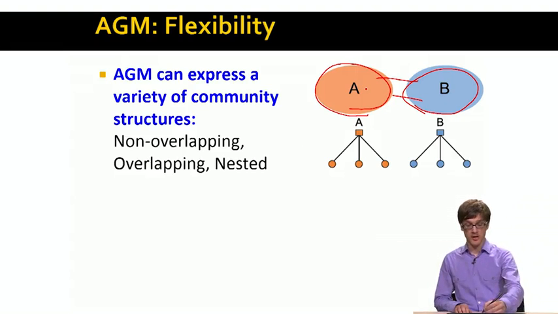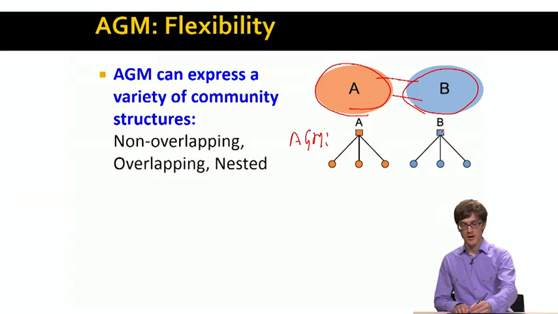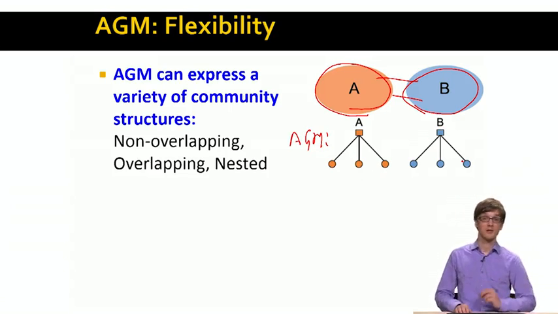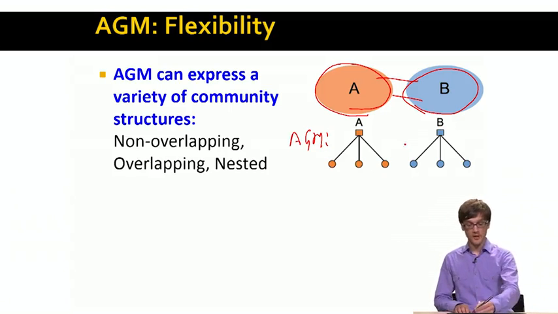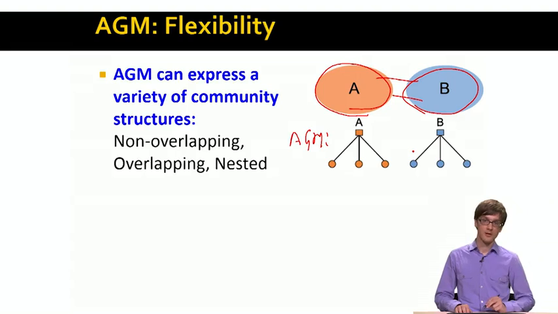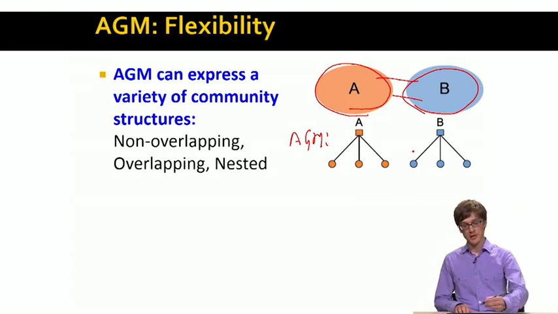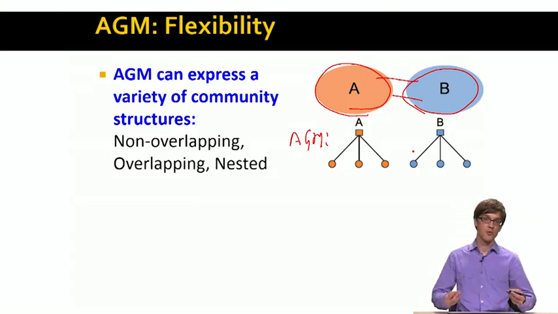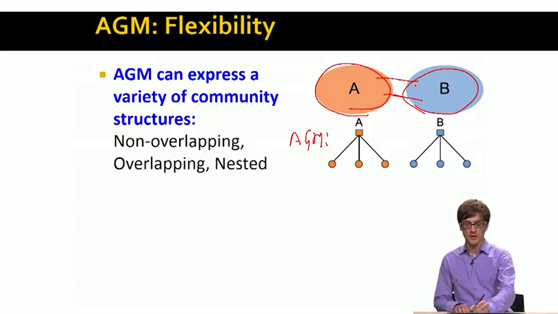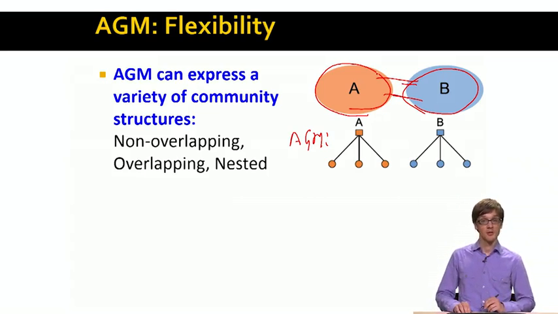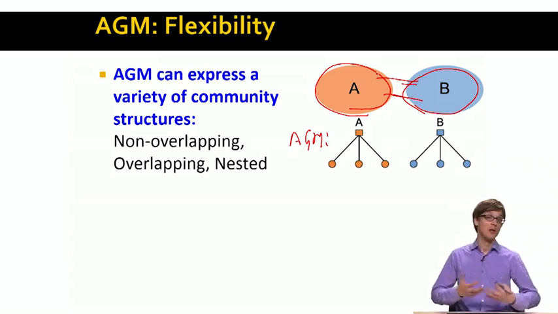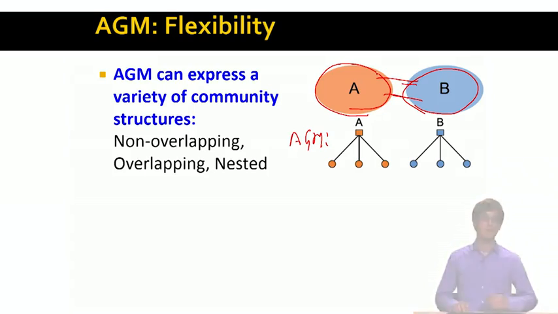The way I would represent this in terms of our model, the affiliation graph model, is to say I have one community node A, I have another community node B, and then a set of nodes is a member of A, and the other set of nodes is a member of B. Of course, given the way I defined the formula on the previous slide, if a pair of nodes has no community in common, then they link with a small probability epsilon so that we still get a few edges crossing the 2 communities. So this is the idea for how to model non-overlapping or partition-based communities.